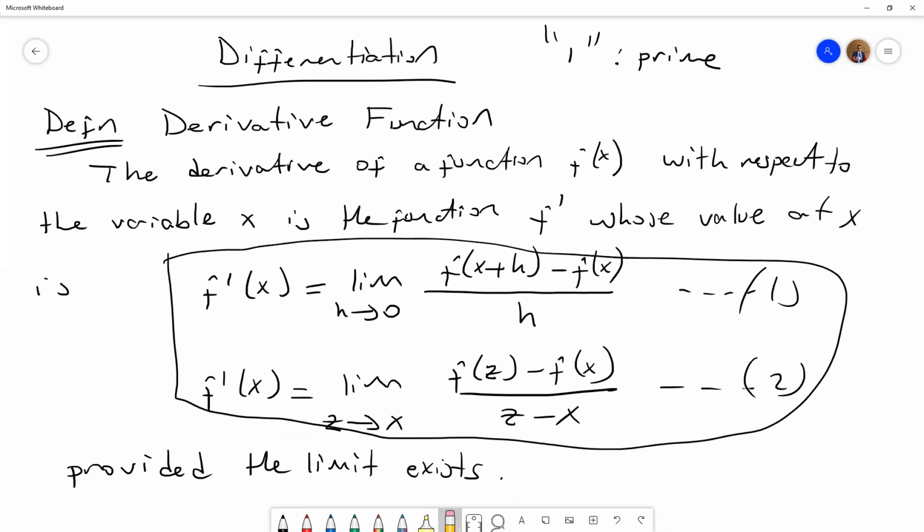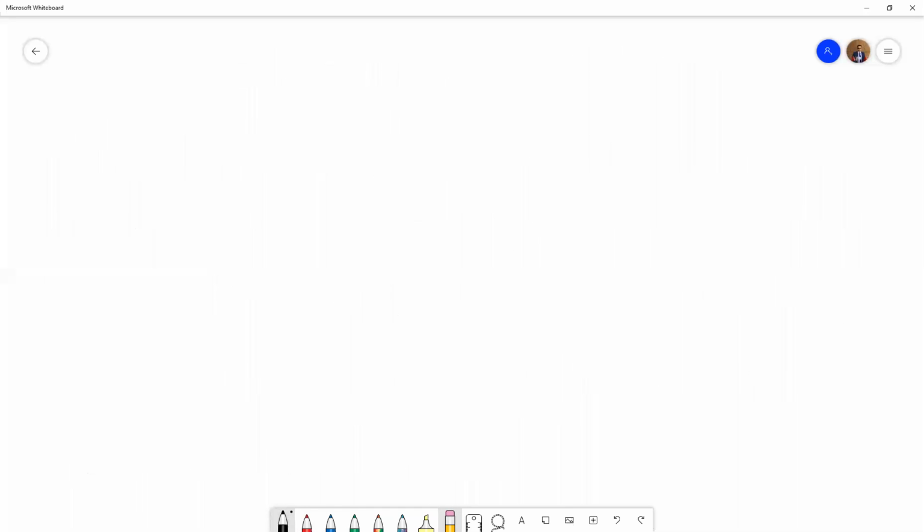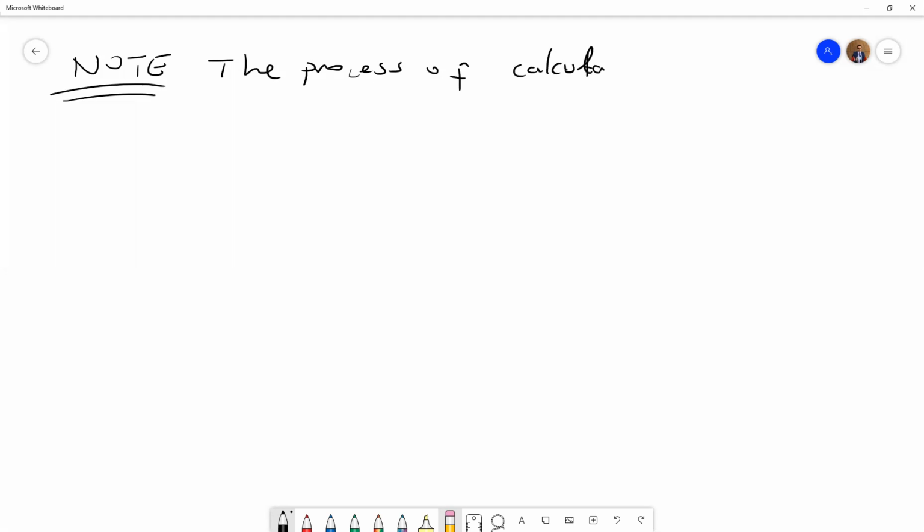Now the note is: the process of calculating a derivative is called differentiation.